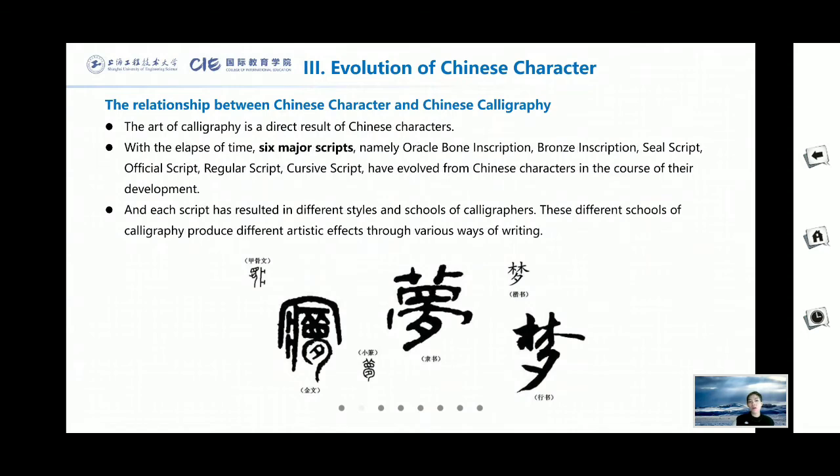And as for the relationship between the two, the art of calligraphy is a direct result of the Chinese characters. With the elapse of time, major scripts, namely oracle bone inscription, bronze inscription, seal script, official script, regular script, and cursive script, have evolved from Chinese characters in the course of their development.